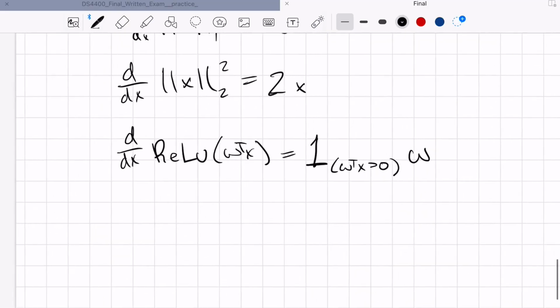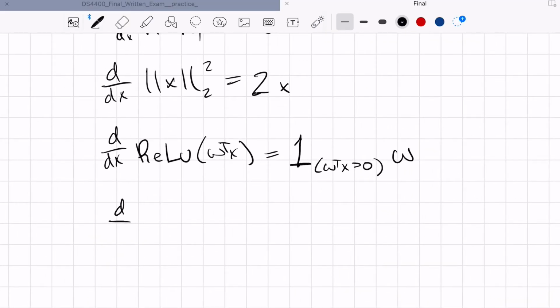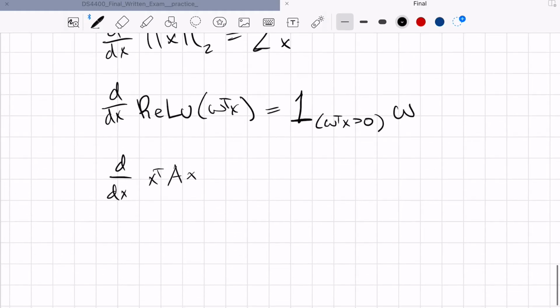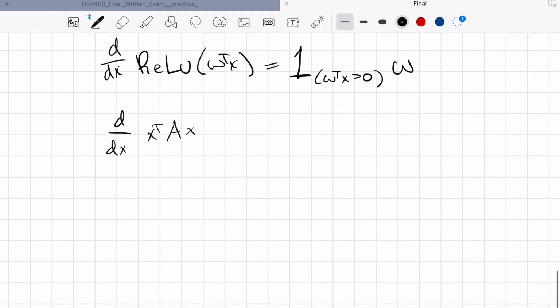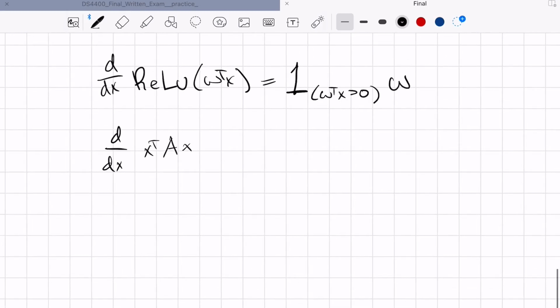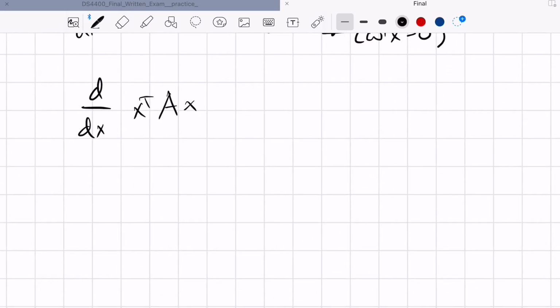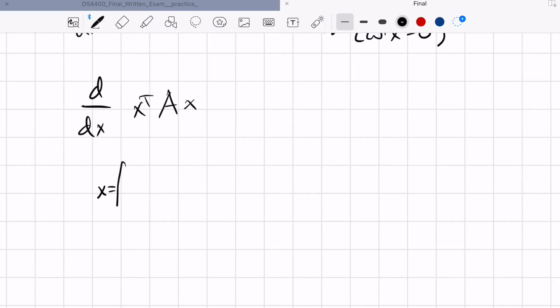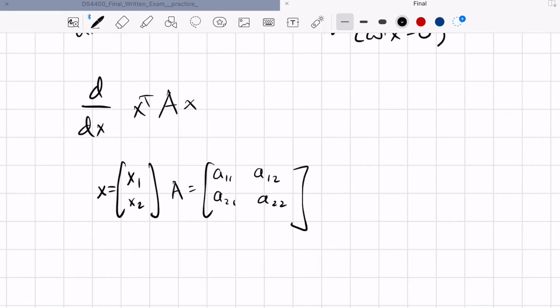Okay, so the final objective that we need to figure out how to take the derivative of is a quadratic. This is the longer one out of all four. To do this, I'm going to use a small toy example. Let's just say x is equal to x1, x2, and A is equal to a11, a12, a21, and a22.